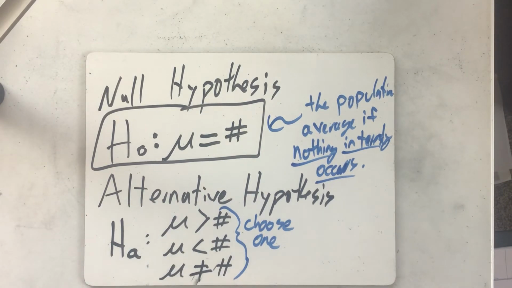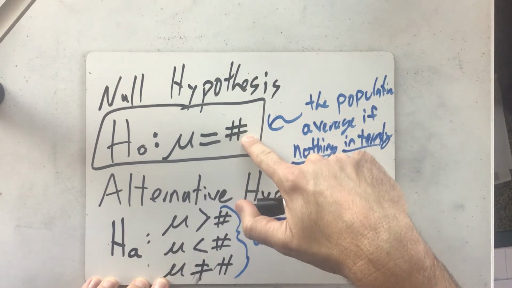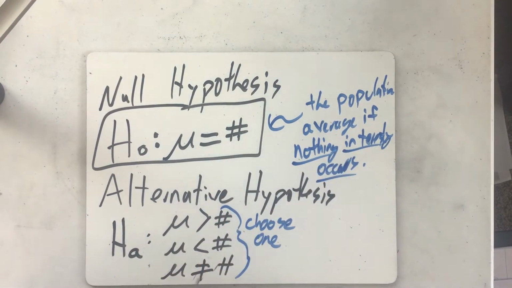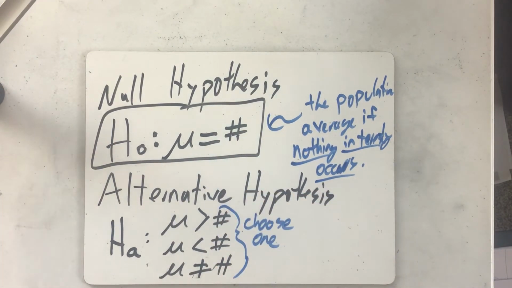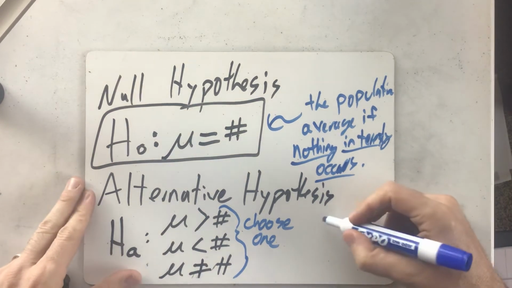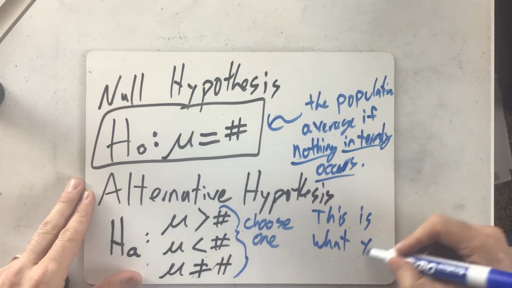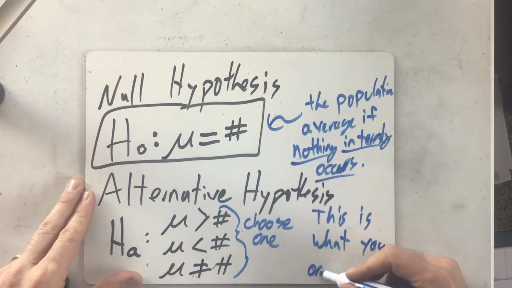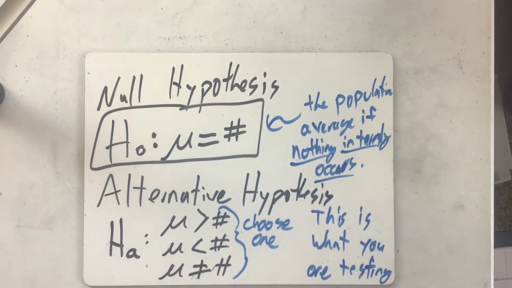If however, this is your revenue and you're hoping that your new business decisions increase your revenue, you would choose greater than. If you're just interested in detecting whether something is different than it was before, you might use this third one. So choose one, and the one you choose depends upon what you're hoping to prove. This is what you are testing. So how is your problem set up? This is the test that we're going to go for.